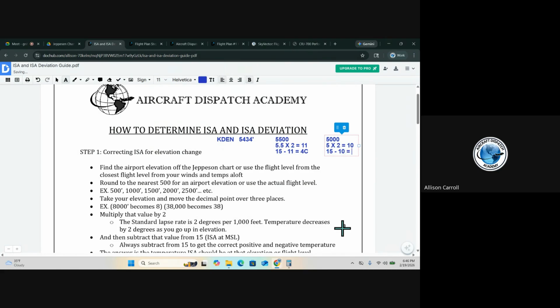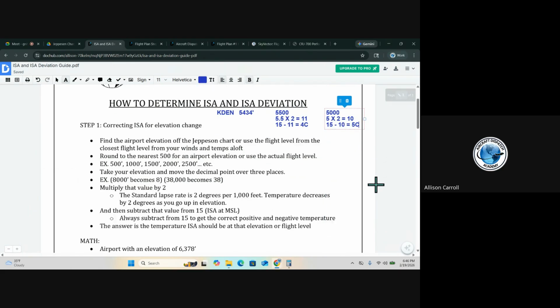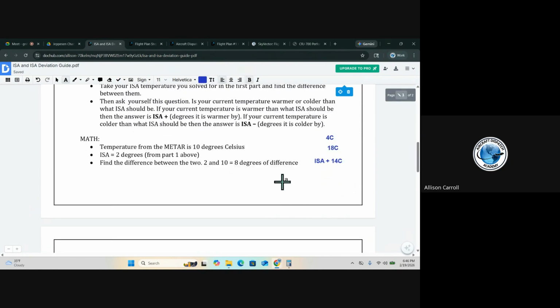And that equals 5, right? 5 degrees Celsius. All right, now with rounding down, our temperature, our ISA, should be 5 degrees Celsius. Well, our current temperature is 18 degrees Celsius.